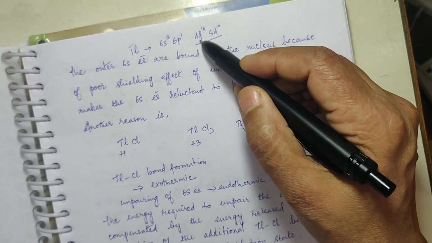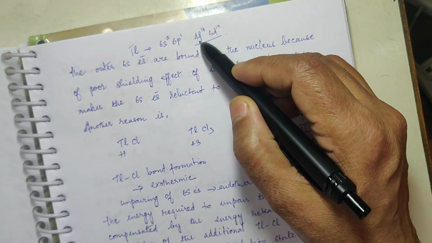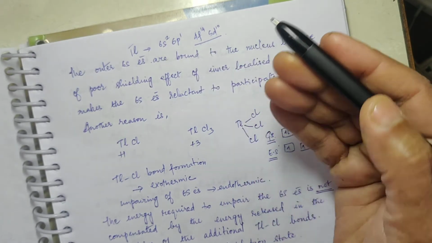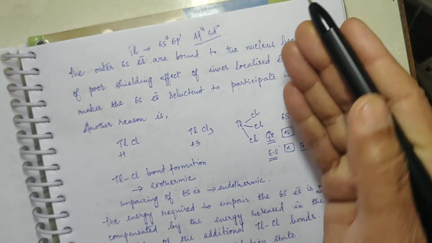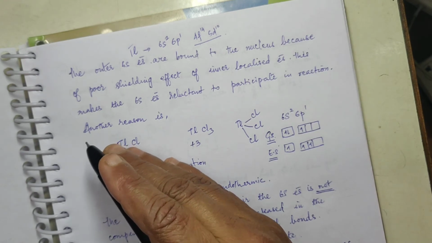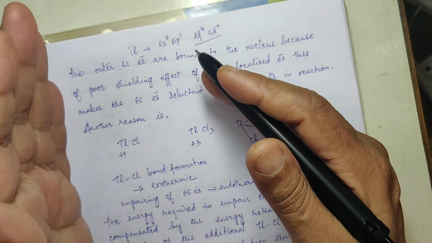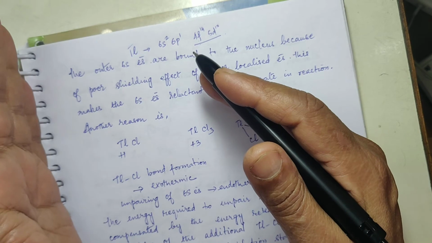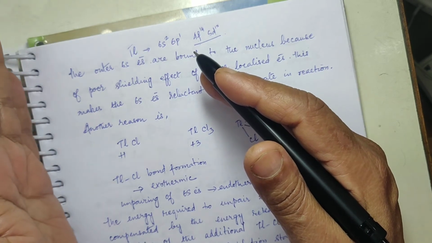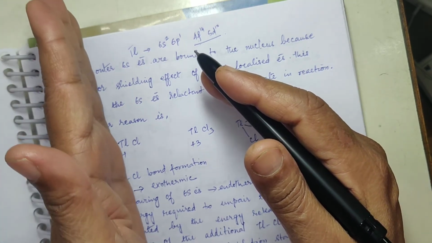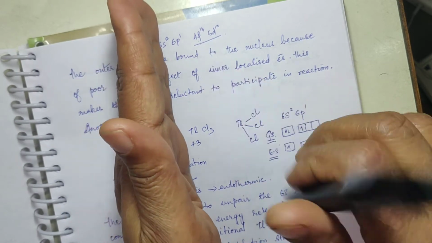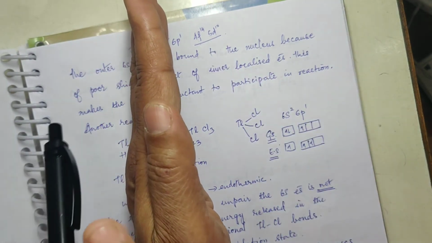Now anything which shows poor screening effect, what does it do? It makes the outermost electron visible to the nucleus. Is that clear? I have explained this in periodic classification also. Say you have a wooden door and you stand here and somebody else is standing there.